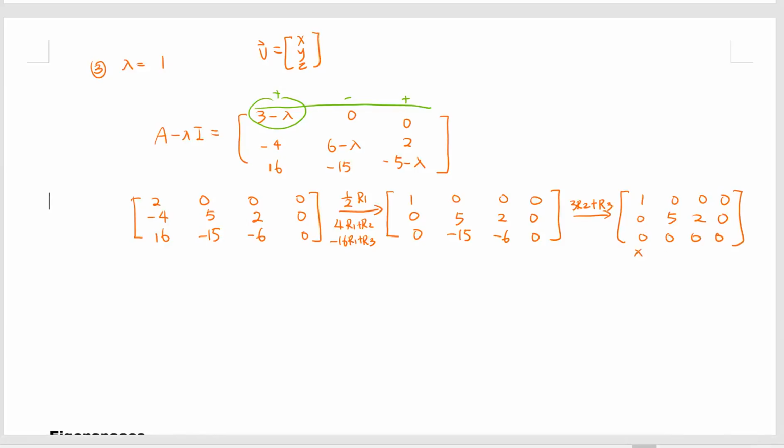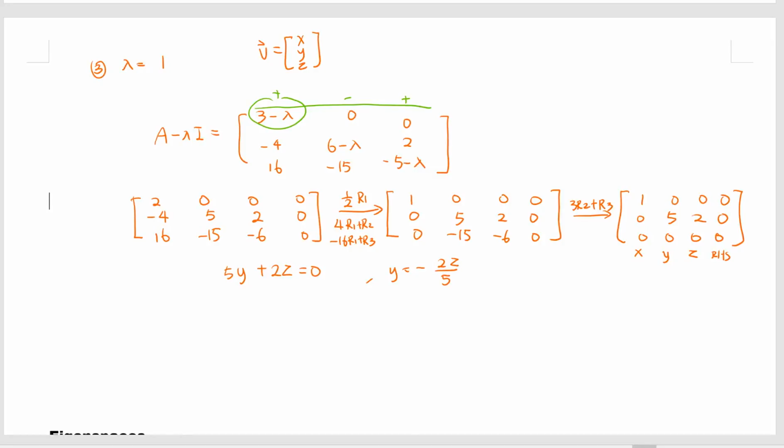So this is x, y, and z, and this is the right-hand side. Second row tells us that 5y plus 2z equals 0. So what is y? Well, y is then minus 2z over 5. I hope your 2 and your z look different.